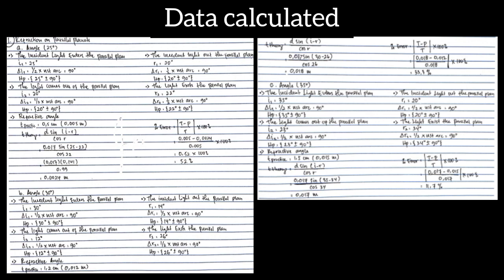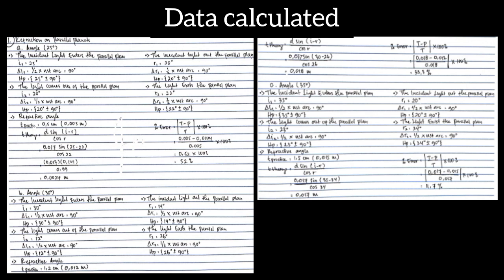The light exits the parallel plane with 22 degrees as a refraction of 19 degrees. The percentage of error uses the formula (T minus P) divided by T, times 100%. Then the result is 52 percent. You can calculate the other data with that formula.